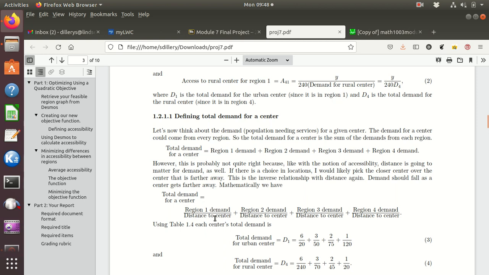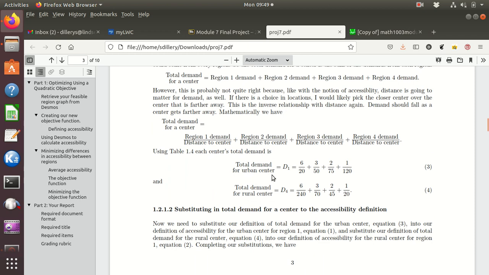Because if that distance is small, then pretty much all of that demand is going to go to that spot. But if that distance is big, like from Region 4 to the urban center, then the demand is probably not going to be as big, even if this overall demand for Region 4 is pretty high. They're not going to travel all the way over here to Region 1 to go to that center. And so those authors use that inverse relationship with distance again and divide by that.